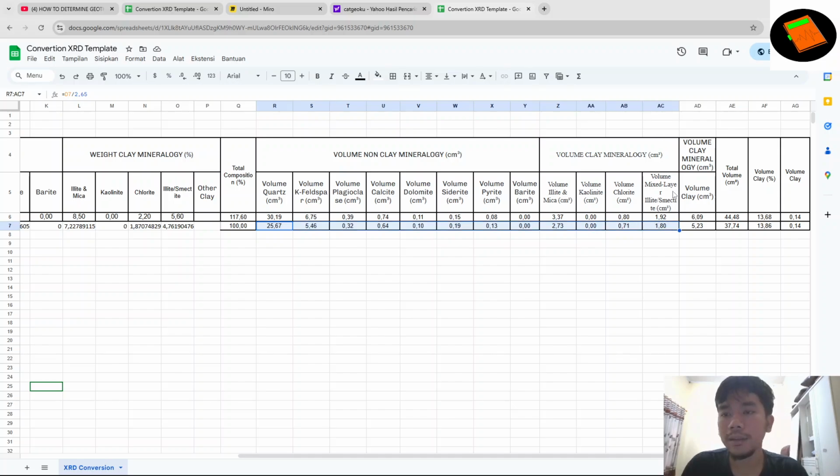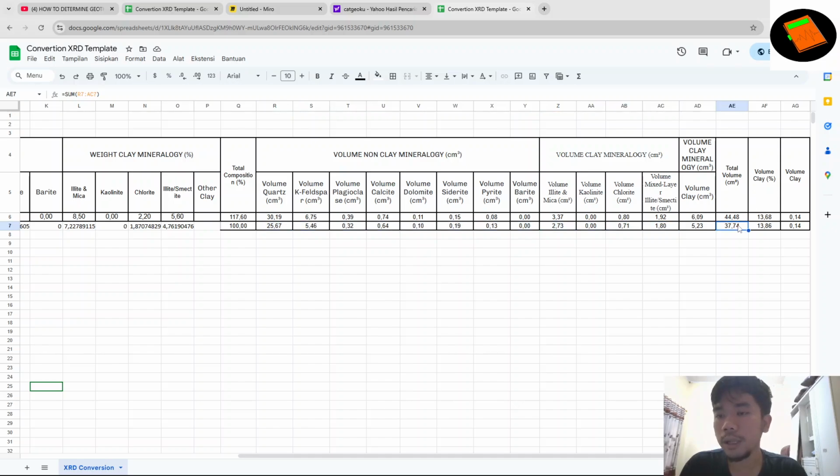And then we can sum our volume of clay by adding all of the clay minerals, because these are our clay minerals. So we will get 5.23, and then our total volume by adding all of the volumes of our minerals.